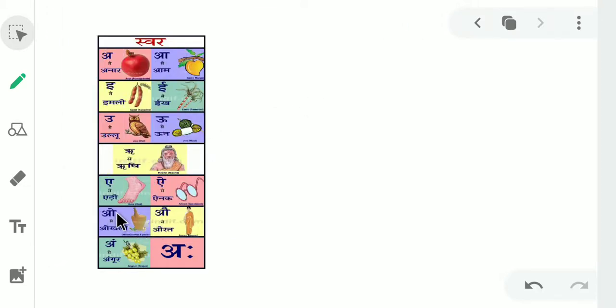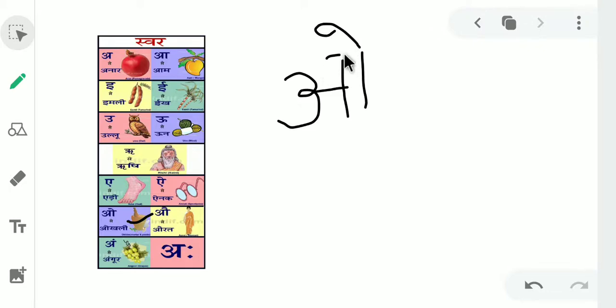Now I'm going to write O. O, you can write it like this. So this is O. Please repeat it. You will understand it much better.